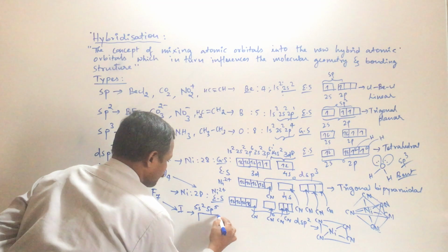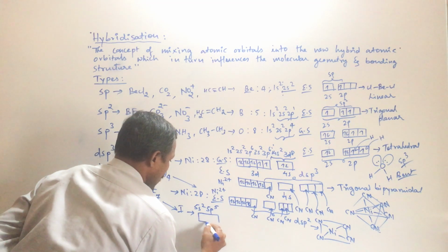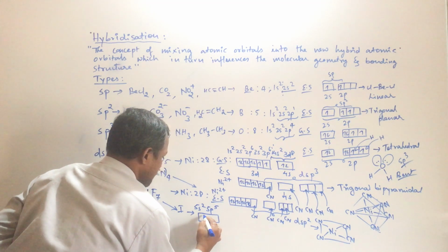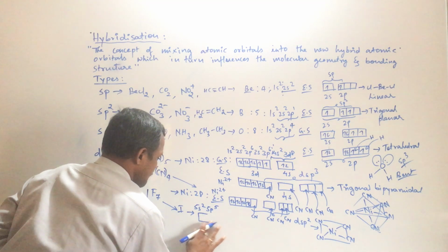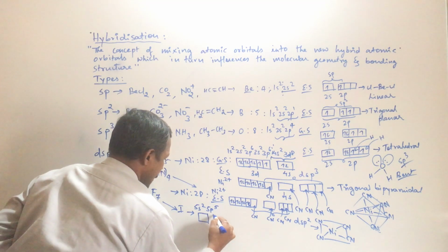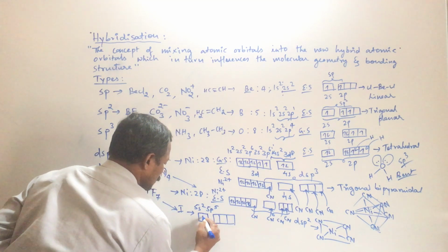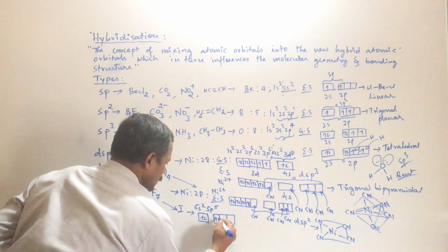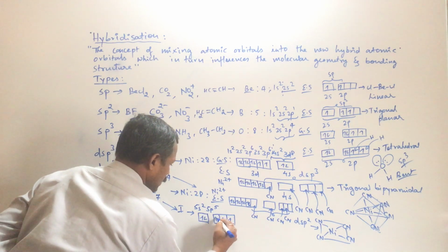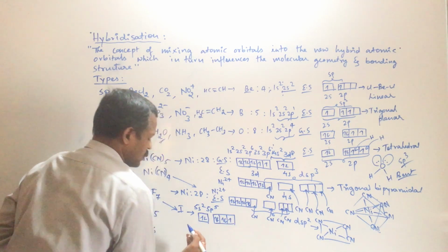So here, the ground state, and here 3 electrons and 5 electrons.